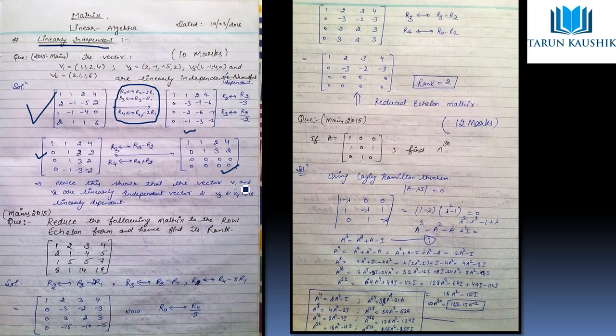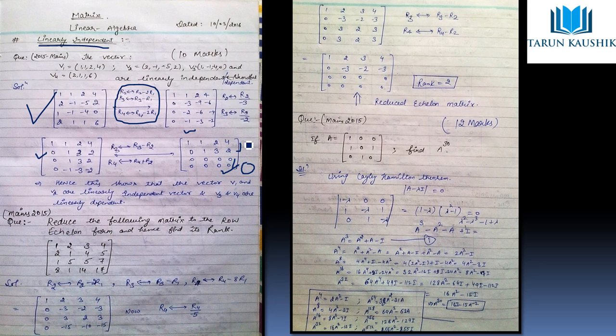We are required to do row operations until we get the matrix in non-reducible form, because we cannot reduce the matrix any further. After doing that, the last 2 rows of this matrix come out to be 0, and the first 2 rows of the matrix are non-zero.